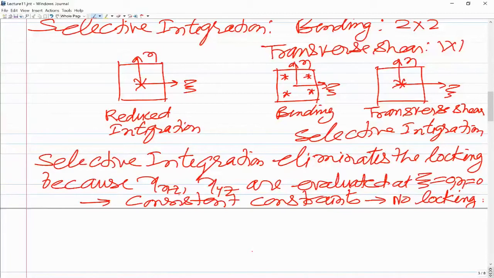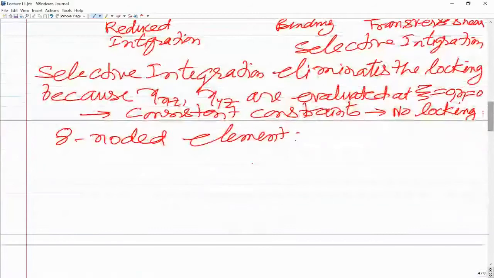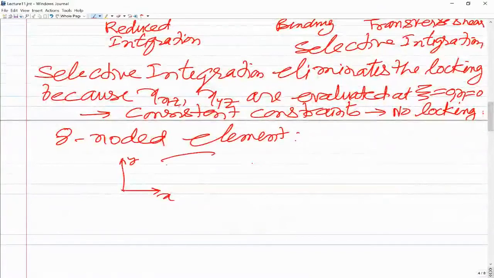So now let us see how we do this in the 8 noded element. We have already discussed the formulation of this element. In the physical coordinate space, this element can be quadrilateral, it can have curved boundaries.